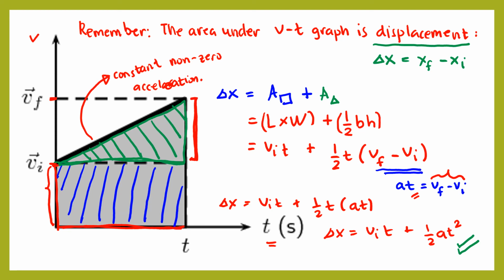If you expand this further, remember that delta x, or the displacement, is just equal to x final minus x initial is equal to vit plus 1/2 at squared.